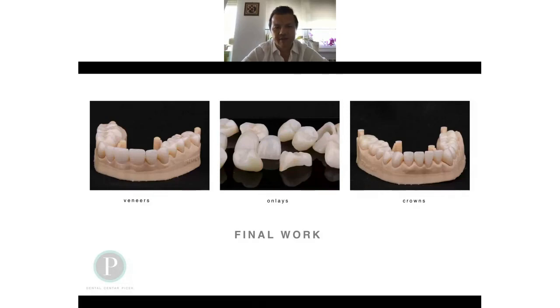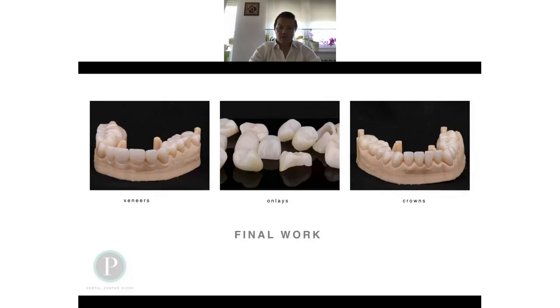For me, it's the same. The only thing important for me is that it has a long term, the period my patient will be using this, and that it looks really nice when we cement it.